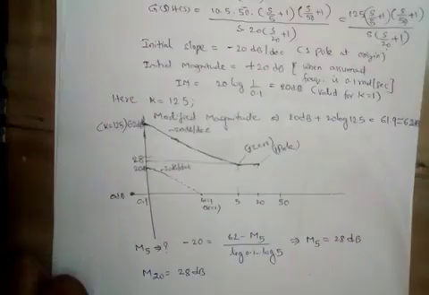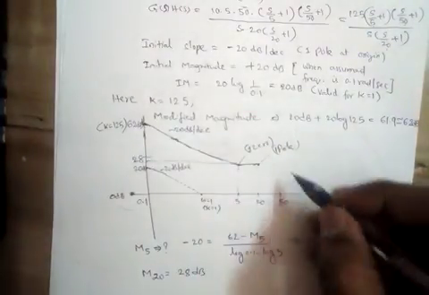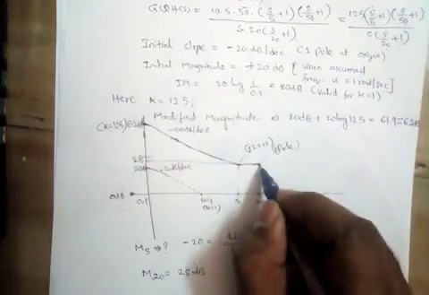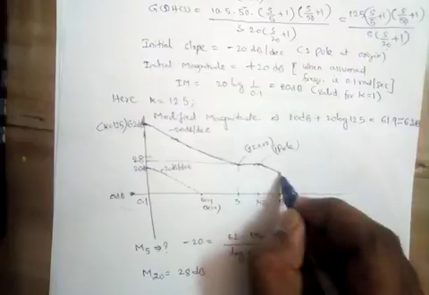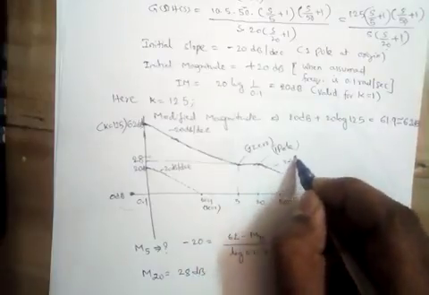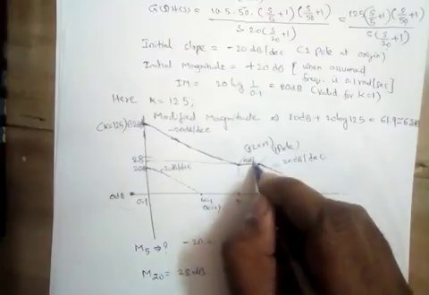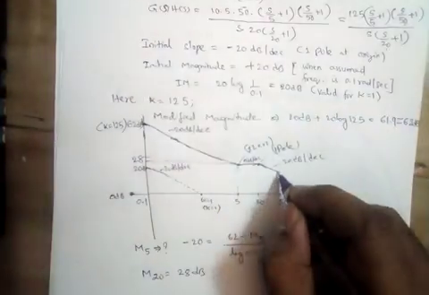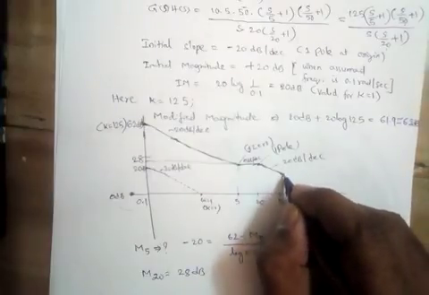Then at omega equal to 20, one pole is added, so the resultant slope will be minus 20 dB per decade. When it reaches omega equal to 50, one zero is added, and again the slope becomes 0 dB.